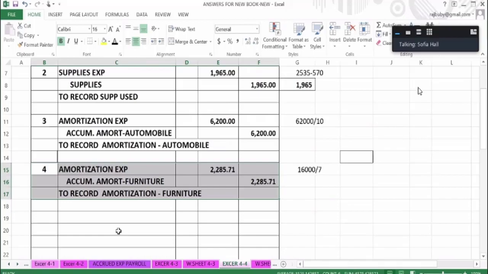Accumulated depreciation office furniture, that one has to be credit. Any fixed asset, the cost you can't touch, but you have to have an additional line. That one is accumulated depreciation of furniture or accumulated depreciation of automobile. Those accounts are going to be used for the depreciation.